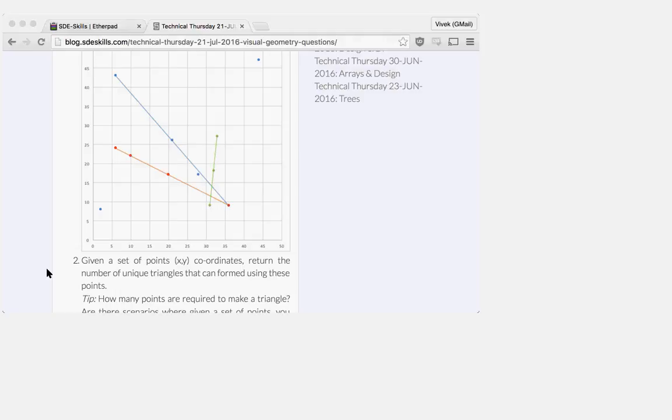So this approach will be n cube, right? Because for every selection of 2 points, you will have to go through every other point, n minus 2 points, to figure out whether they have the same slope.